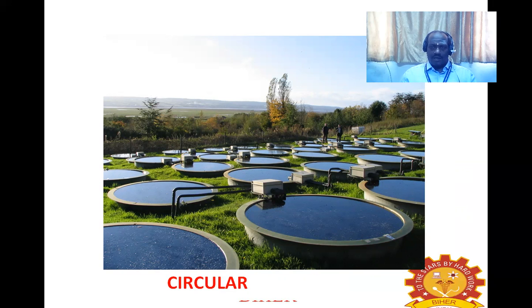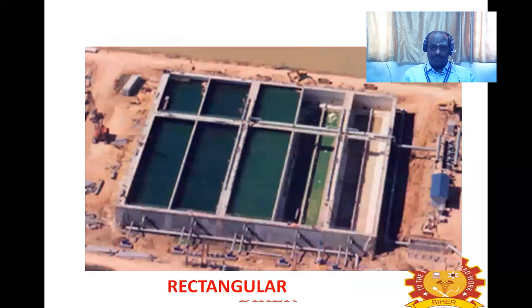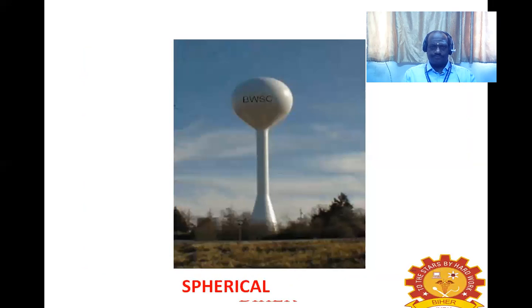Many processing tanks are circular in shape. And the other easily available shape of the tank is the rectangular water tank. This will be linearly built, giving an easy geometric shape.